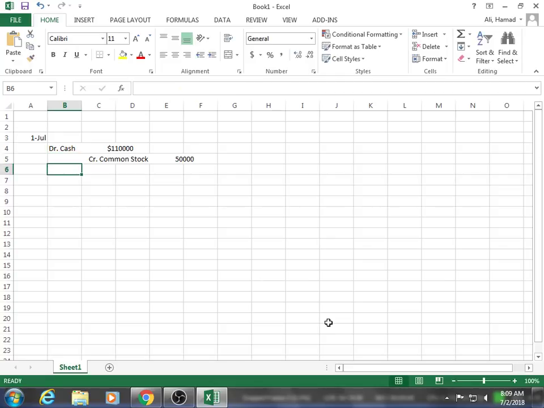And the difference is 60,000. What do we call it? Additional paid in capital, common. You got to specify additional paid in capital. Additional PIC for the difference. It was 60,000.